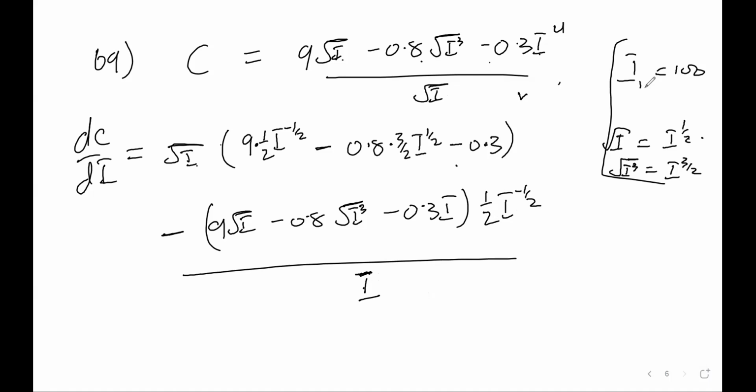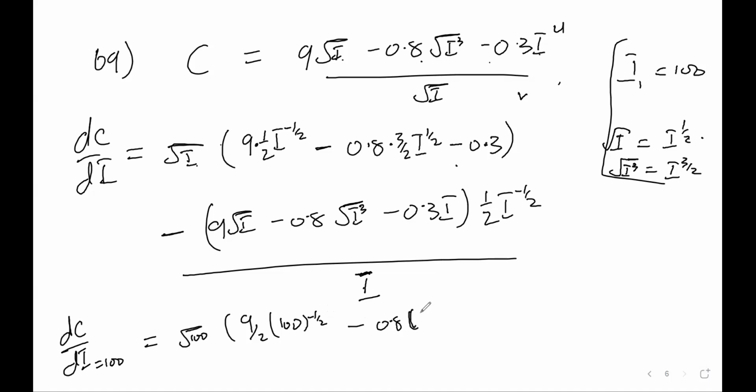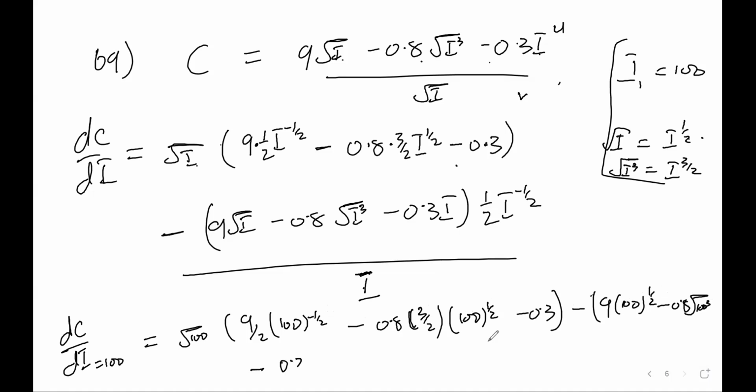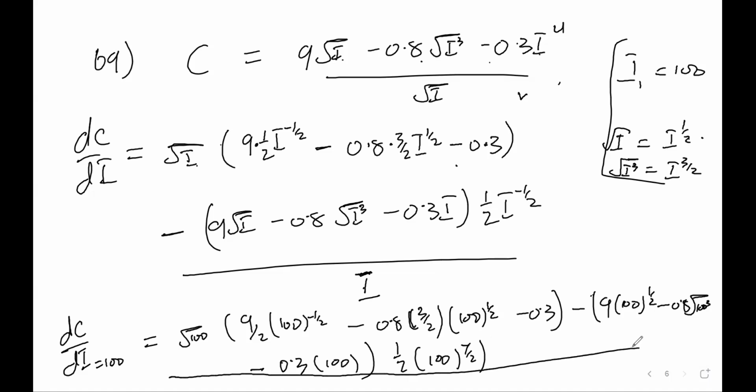So when I equals 100, all we need to do for dC/dI is just substitute 100 everywhere we see I in that formula: 100 to the minus half, minus 0.8 times 3 over 2 times 100 to the half, minus 0.3, minus 9 times 100 to the half minus 0.8 times 100 cubed, minus 0.3 times 100, all of that times a half, 100 to the minus a half, all divided by 100.